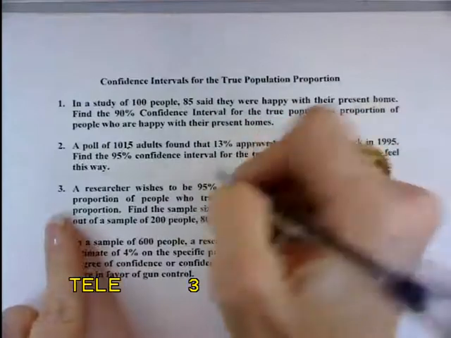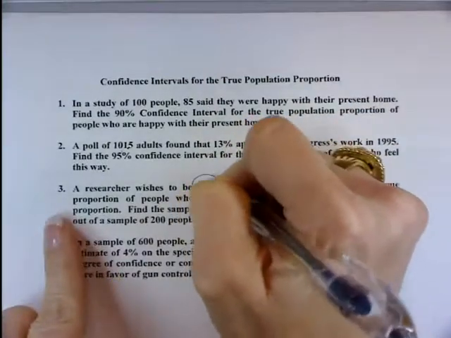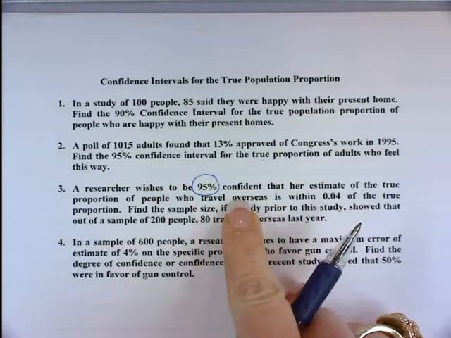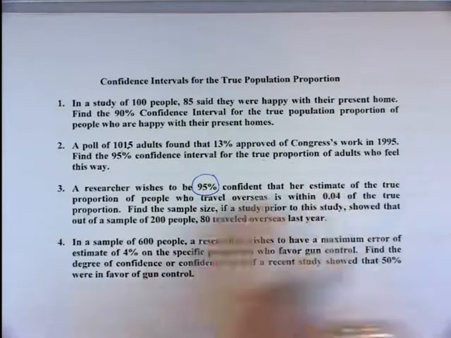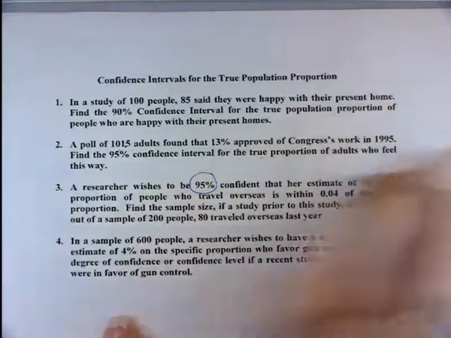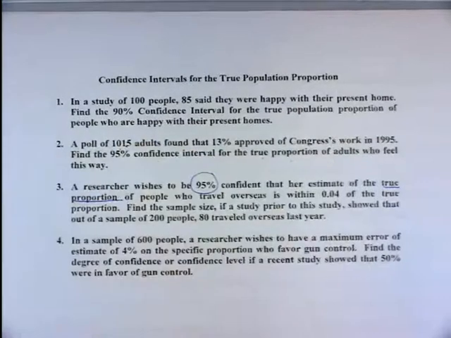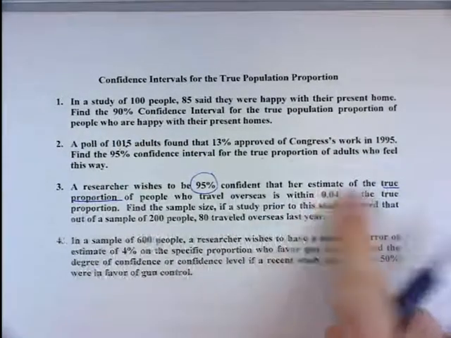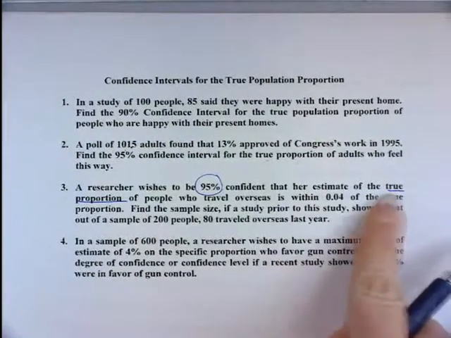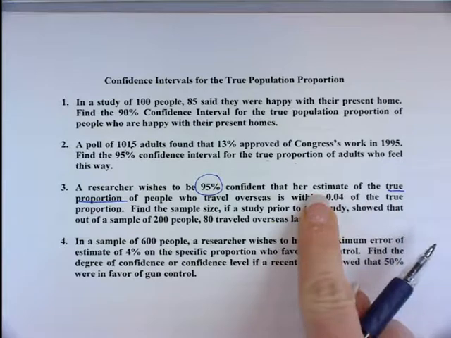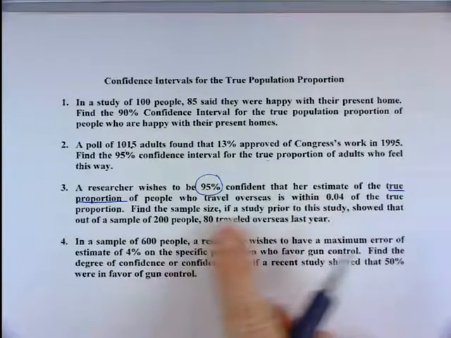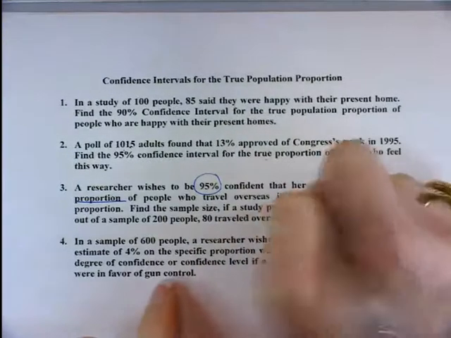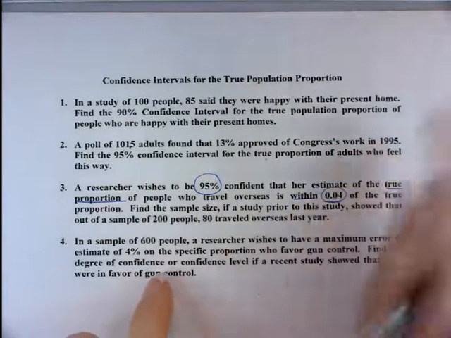A researcher wishes to be 95% confident, that's important, that her estimate of true proportion, that's important, it does not say true mean. Her estimate of true proportion would be p hat. Her estimate of true proportion of people who travel overseas is within 0.04.